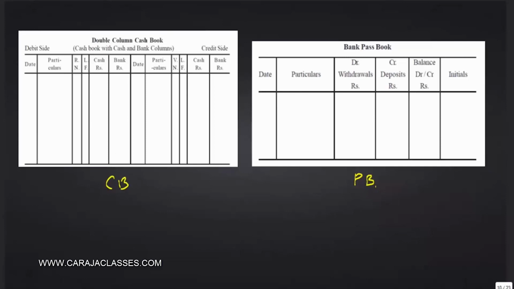So the cash book in the bank column would give you what is the balance as on a particular date. Probably here we'll write by balance carry down. So this is going to be the balance as on a particular date, and this balance should match with the balance in the passbook as on a particular date.